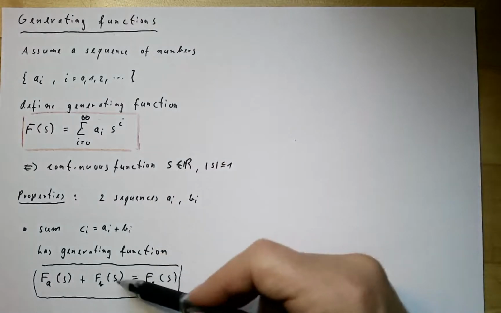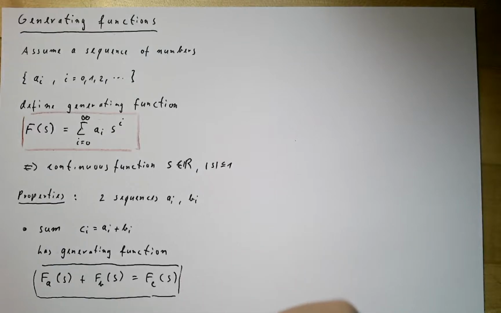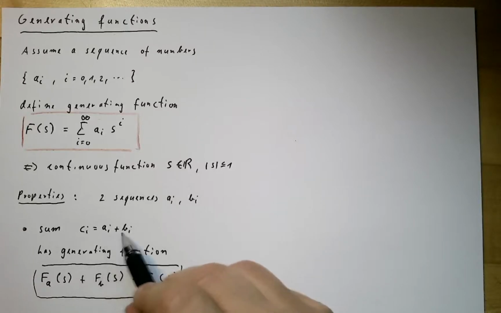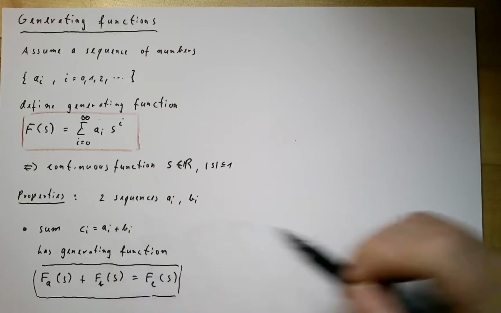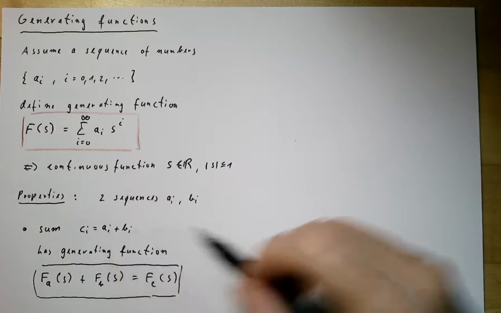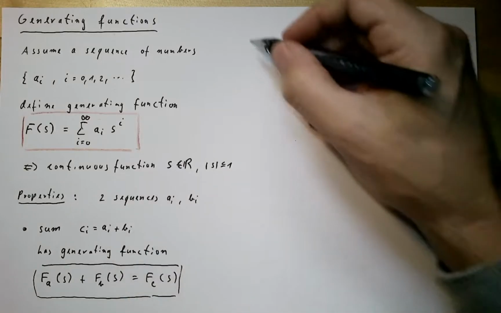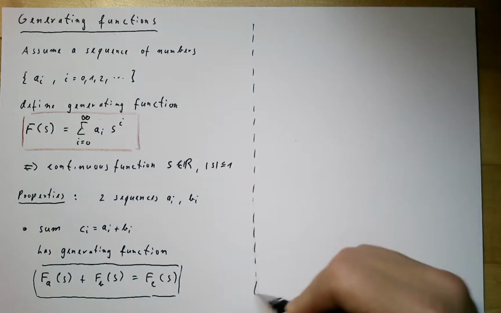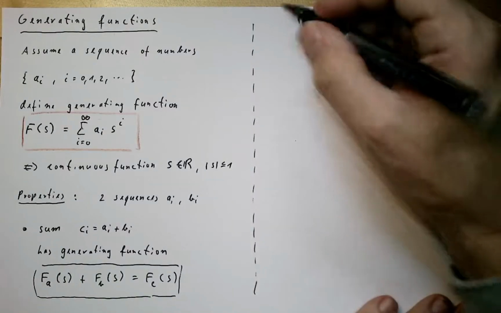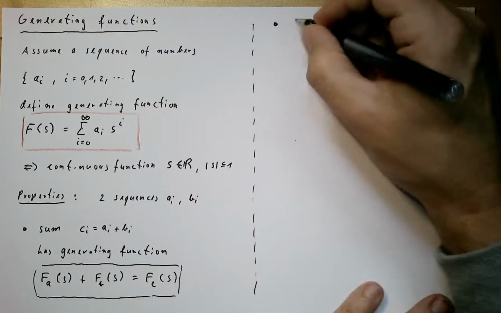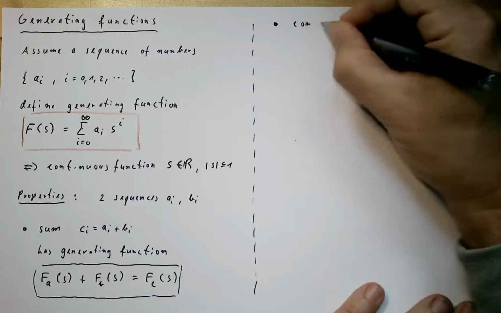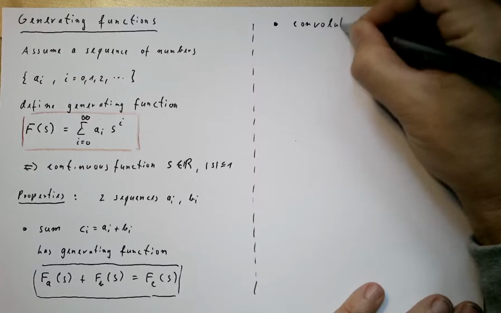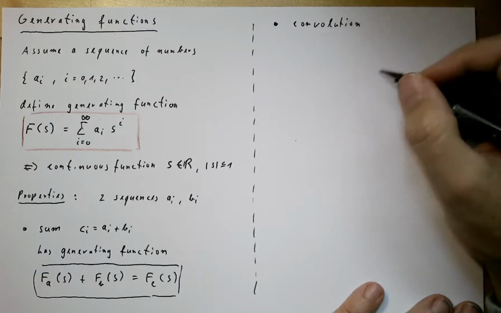So if we have a rule for the sum, is there also a rule for the product of two generating functions? Here it's not so simple. You cannot just multiply the elements. We need a somewhat more complex operation, and for this we need the convolution of two sequences.